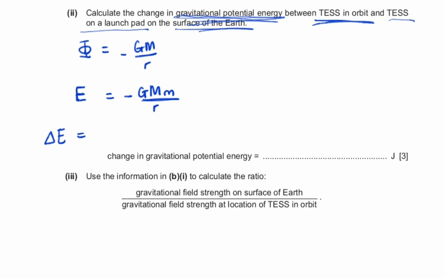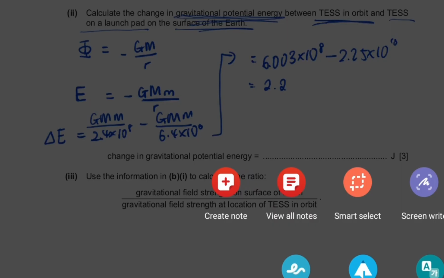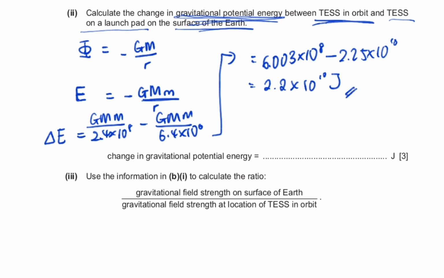So it doesn't matter what the sign is, we're trying to find the magnitude of the difference. So I'm going to neglect the negative sign. So if you do all the calculations, this is the answer. I end up with 2.2 times 10 to the power of 10 joules. So I'm going to write that down over here.